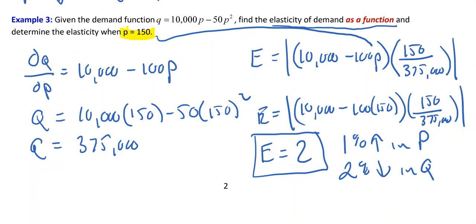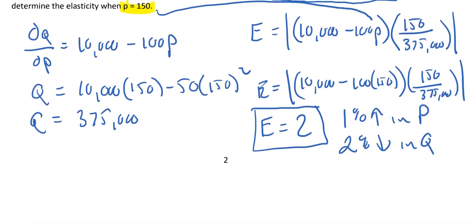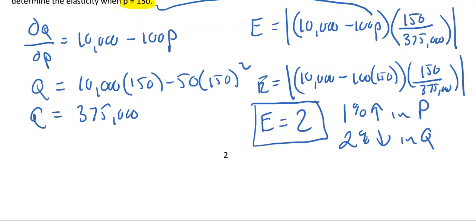All right, now I really haven't expressed elasticity of demand as a function yet. So to do that, what we have to do is write everything as a function. So I'm going to do that right here. So elasticity is going to be the absolute value of 10,000 minus 100p, and this can be considered to be over 1, times, now instead of putting in the value of p like we did up here, I'm just going to write p.